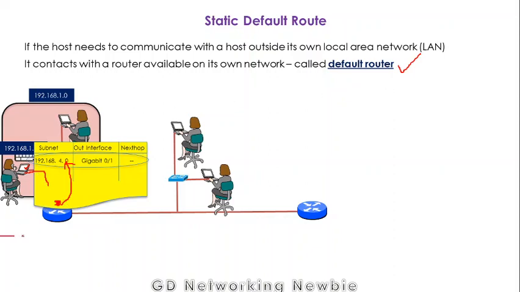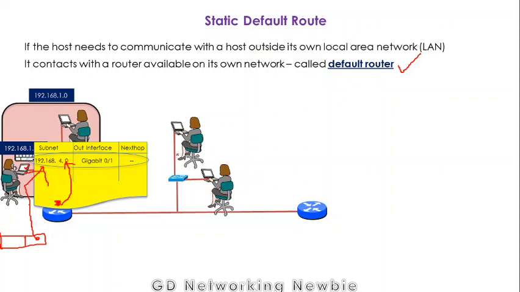So this router will receive a packet. In that packet, we will have an IP address, and this router will check whether it has any entry in this routing table to forward this packet to some other network or to this network. So it will check in the routing table, and if it finds any entry, then it will just forward that packet to that specific network.